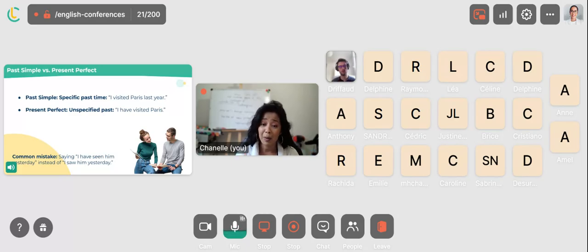But for the present perfect, because it is unspecified, that means the date is not important. When it happened is not important. It is more important that it happened, the action. So we will most times talk about the action being more important than when.